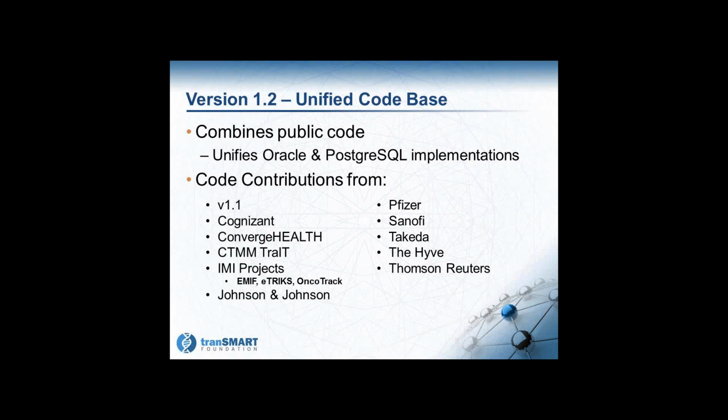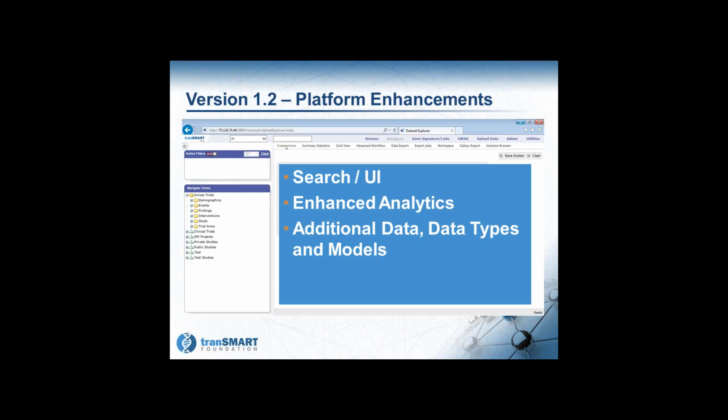Of course we took the V1.1 code, and then pharmaceutical companies like Pfizer, Sanofi, Takeda, Johnson & Johnson all contributed their versions of code into the system. Also Hayes and Thomson Reuters, and European projects like eTRIKS, UBIOPRED, EMIF, and also the trade, they all contributed code, and also service companies like Cognizant and Deloitte, which is now called Converge Health. They all contributed their part of the code.